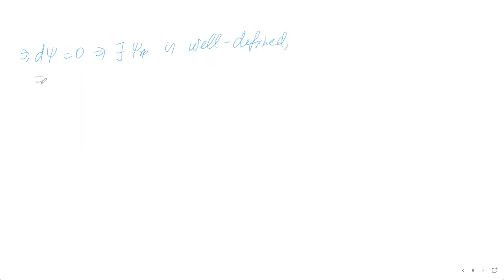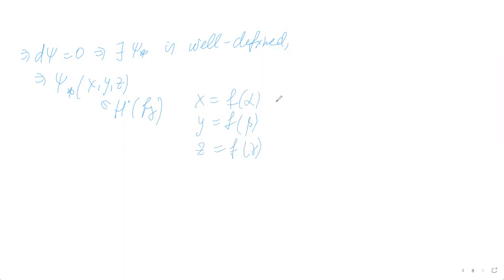Hence, we can apply psi star to x, y, and z in a homology of H, and as such they are equal to f of certain alpha, f of certain beta, and f of certain gamma, right?